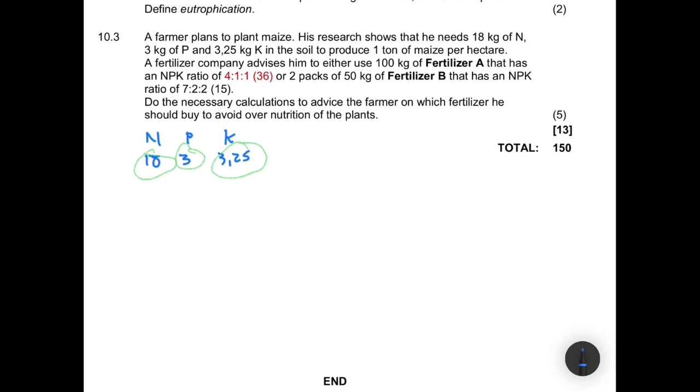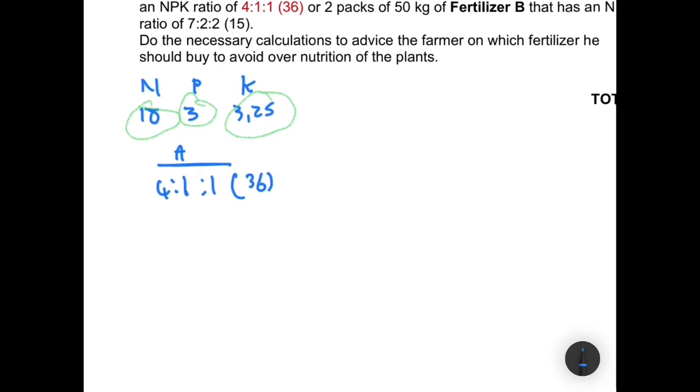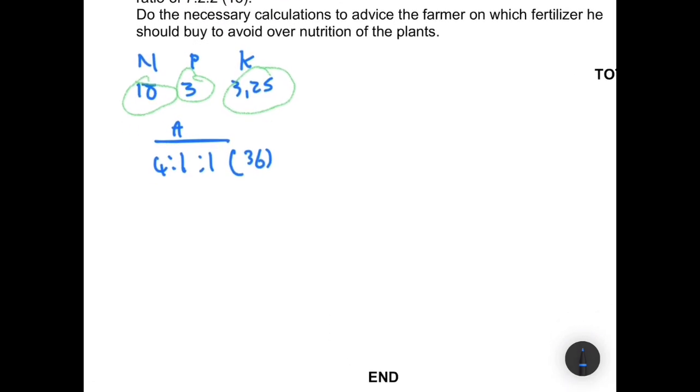So when we talk about the NPK ratio, let me put fertilizer A here. We have an NPK ratio 4:1:1 and then in bracket we have 36, right? So 4:1:1 is the ratio of the nutrients, and the number in the bracket is the actual percentage of fertilizer in the entire bag.